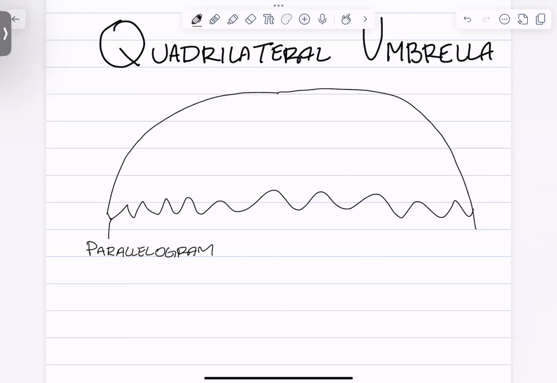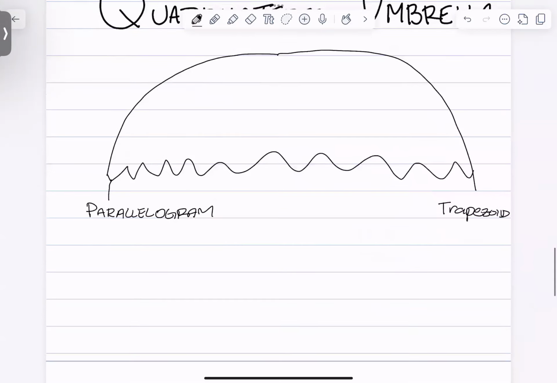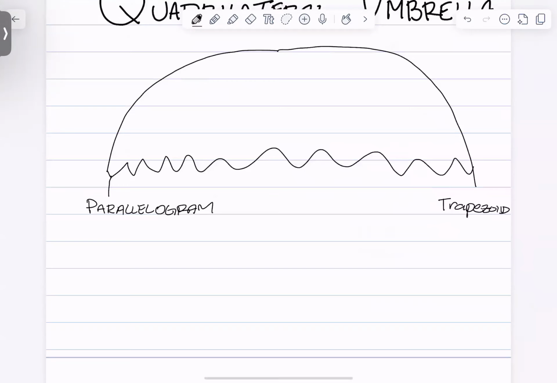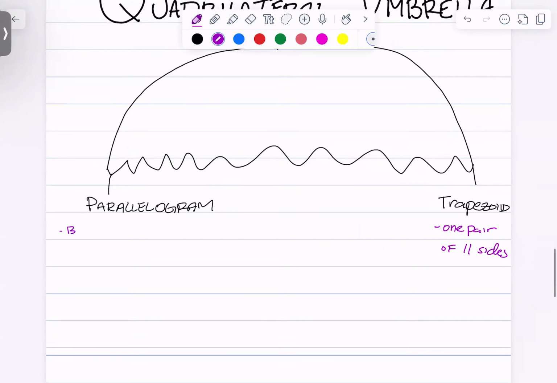On the other side of the umbrella, we have a trapezoid. We know all the characteristics here. The difference is that a trapezoid has one pair of parallel sides, where this has both pairs of parallel sides.